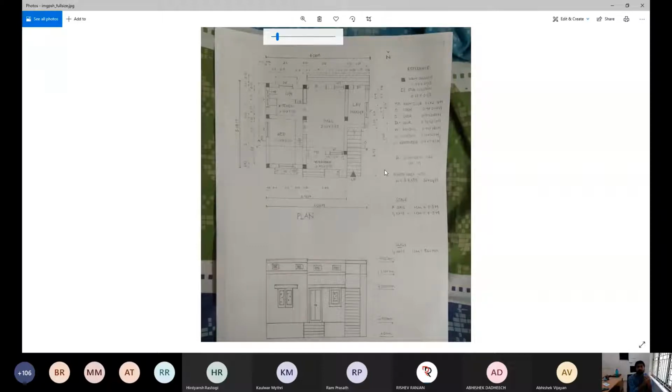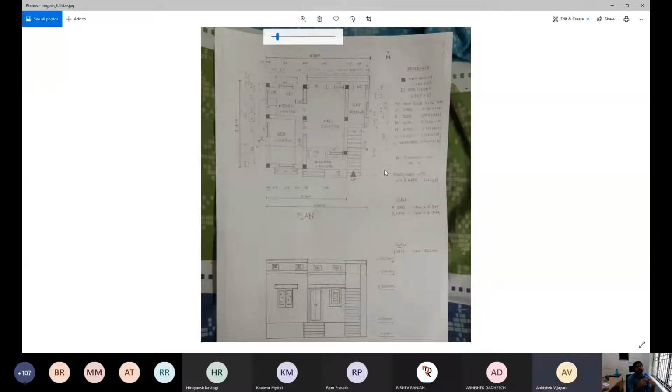I hope you remember. In building bylaws also we discussed some minimum criteria for some dimensions. I don't know whether you are remembering or not. In building planning principles we discussed, what is the normal size of a window with respect to the floor area?